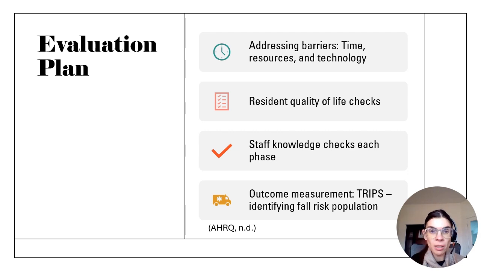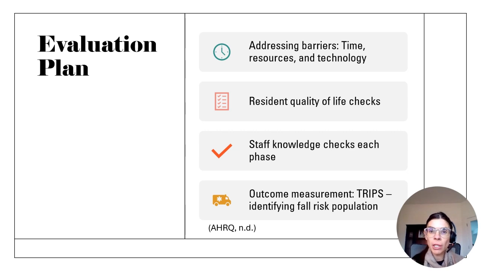Each survey will be specific and designed to assess for staff adherence, resident and family satisfaction, and resident confidence. This will help to address any barriers throughout the course of the project and monitor for quality of life checks. We really want to make sure that the residents are also mentally not impacted in a negative way, for example, anxiety, depression.